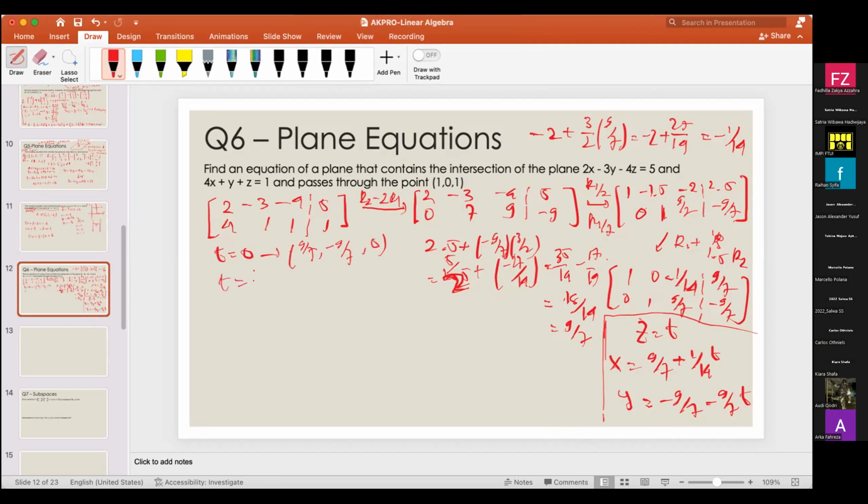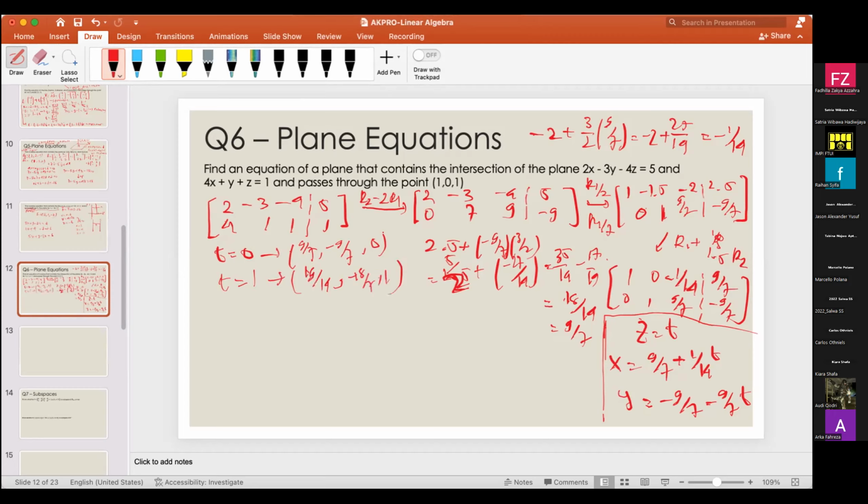If T equals 1, the point that we're going to get is 9 over 7 plus 1 over 14, that's 19 over 14, comma, negative 18 over 7, comma, 1.